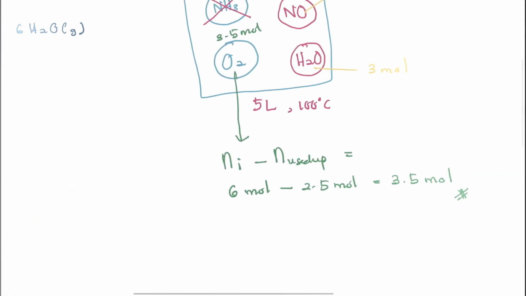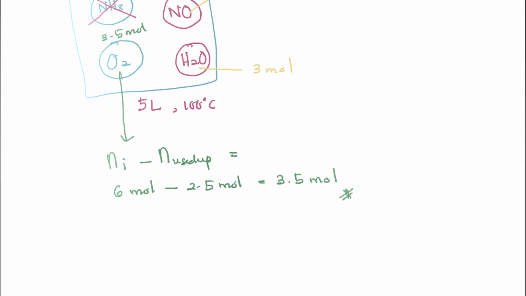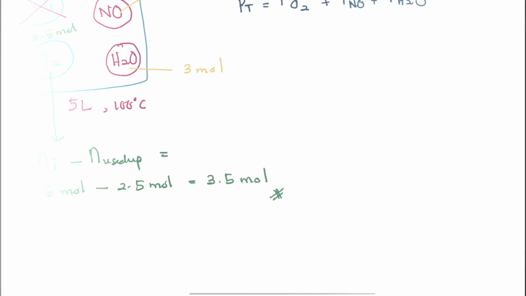Based on this diagram, we know that the pressure in the tank is the total pressure, which according to Dalton's law is equal to partial pressure of oxygen plus partial pressure of nitrogen monoxide plus partial pressure of water vapor. So we can expand the formula.